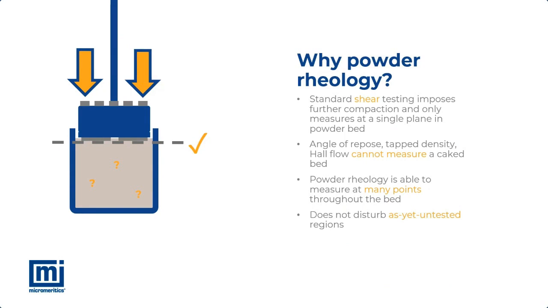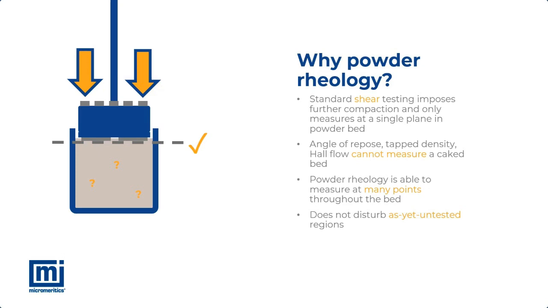Traditional methods of powder testing, such as angle of repose, Hall flow, and tap density, are unable to test a heavily caked sample, as they each require the entire sample to be disturbed during testing and/or to flow reliably. A caked bed will be fundamentally altered if it is disturbed, and will often not flow well enough to be tested by these methods, or it will not flow at all.